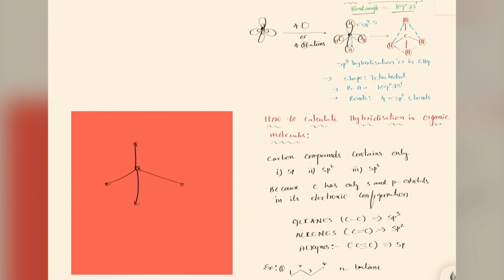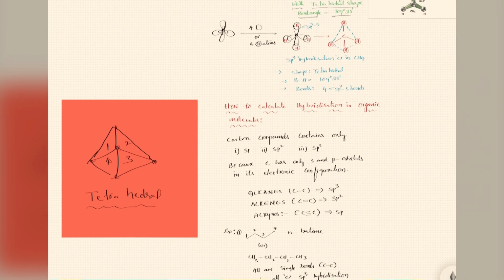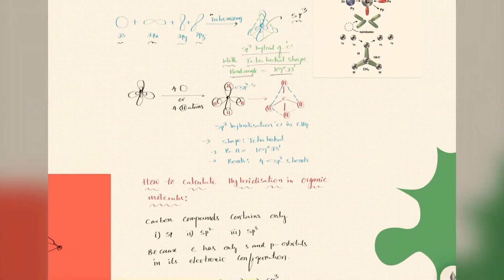You can see this is one wall, this is 2, this is 3, this is 4. So 4 walls. So this is called tetra. Tetra means 4. Hedral is nothing but like a wall. So the shape of the molecule is tetrahedral. Clear? So that is it.